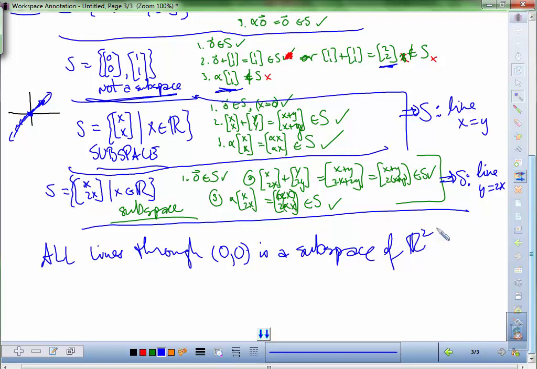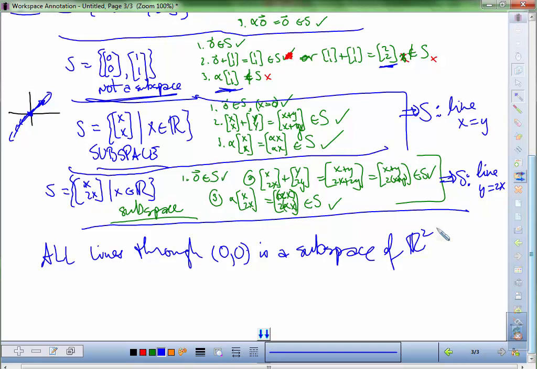And if you have a line that doesn't pass through the origin, then it's no longer a subspace. Okay? So in R2, lines that go through the origin are subspaces.